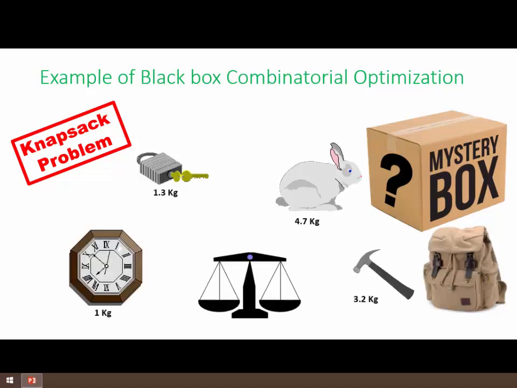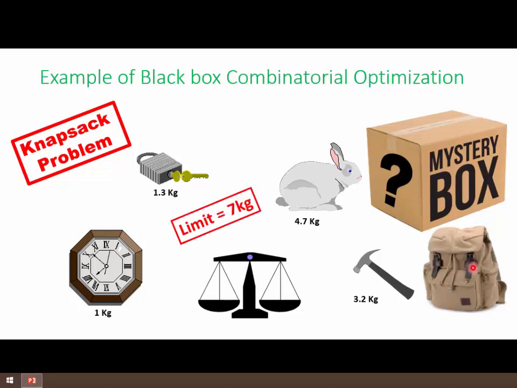But in addition to their weight, they have a second characteristic, represented here by those little hearts, their value. It can be monetary value for this ancient clock. It could be affective value for this rabbit that's been your pet since you were a child. I don't care. But the bottom line is that each object has a weight, so not all objects can fit in the knapsack, and each object has a value.